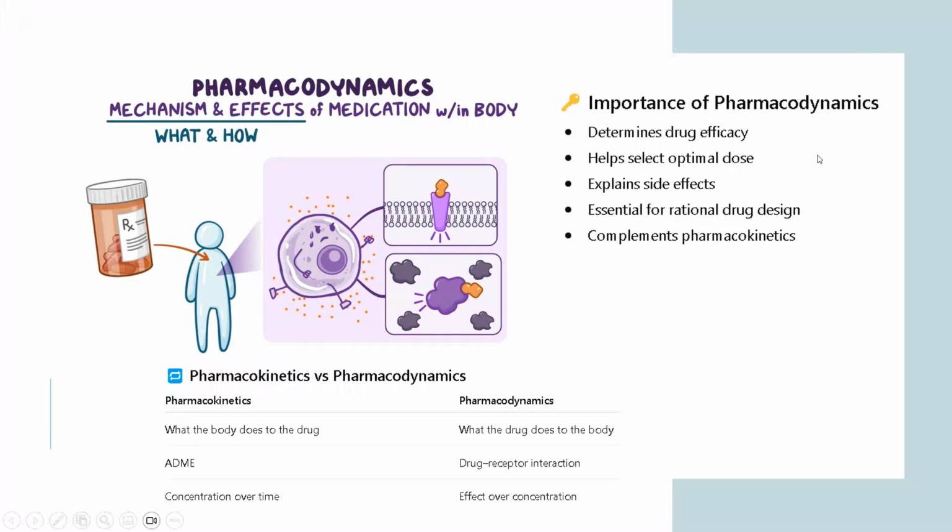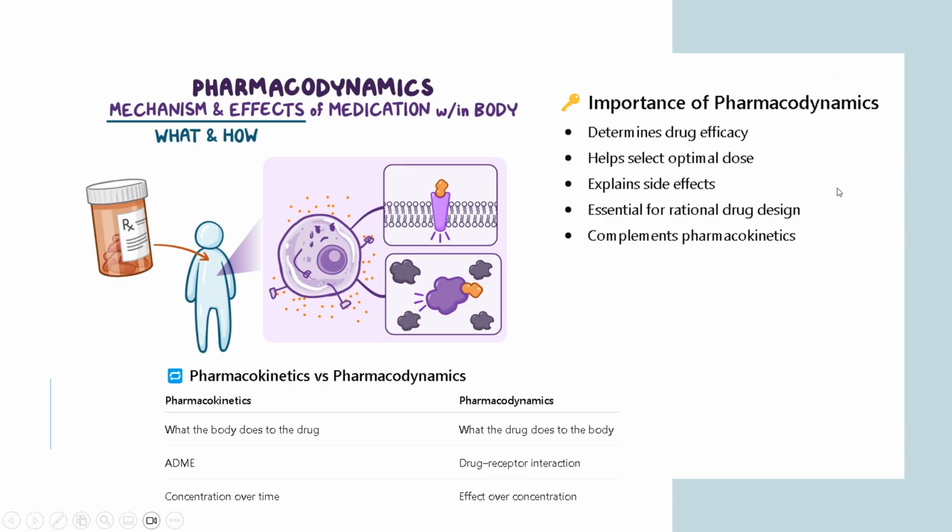It helps to select the optimal dose. Optimal means that if the disease requires one pill and you are already taking two, it is not advisable, because that is not the optimal amount. Optimal means just the right amount to get it treated. If your body is responding well to one pill, then that is the optimal amount of that medicine.